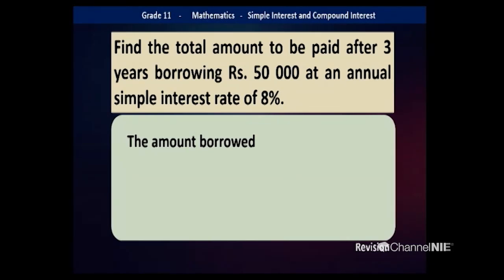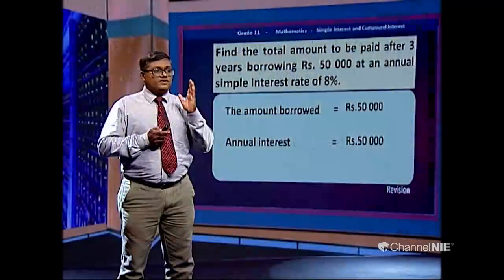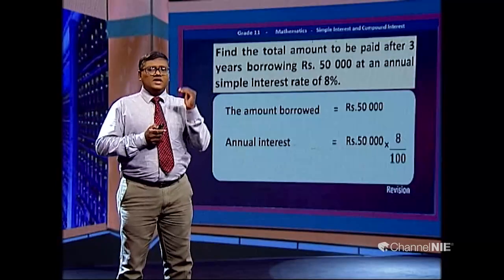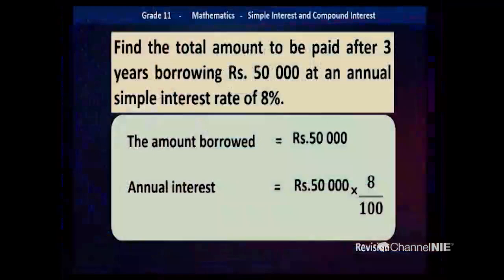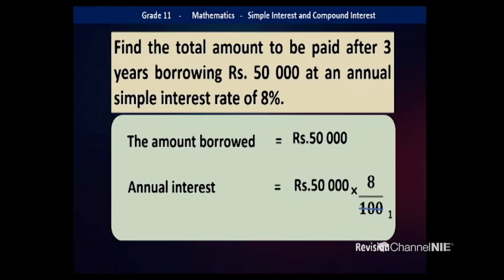Second, the annual simple interest rate, 8%. And the third, the period. Now how to calculate the annual interest? 50,000 into 8 upon 100, because 8%. How to simplify it? We can cancel the 2 zeros in 100 with the 2 zeros in 50,000. Then 500 into 8, you get the answer rupees 4,000.